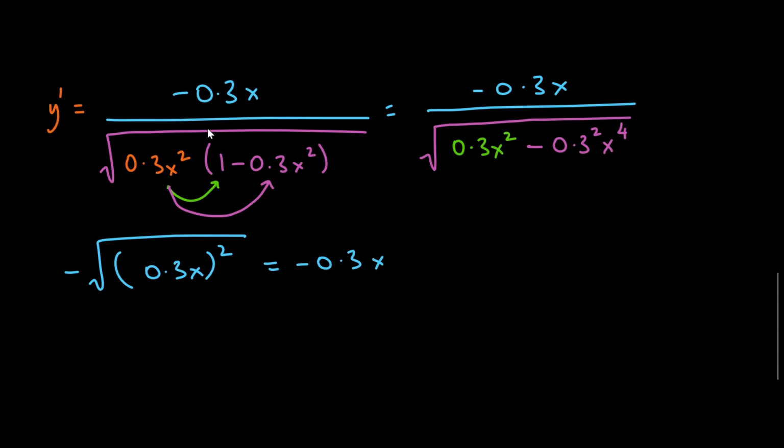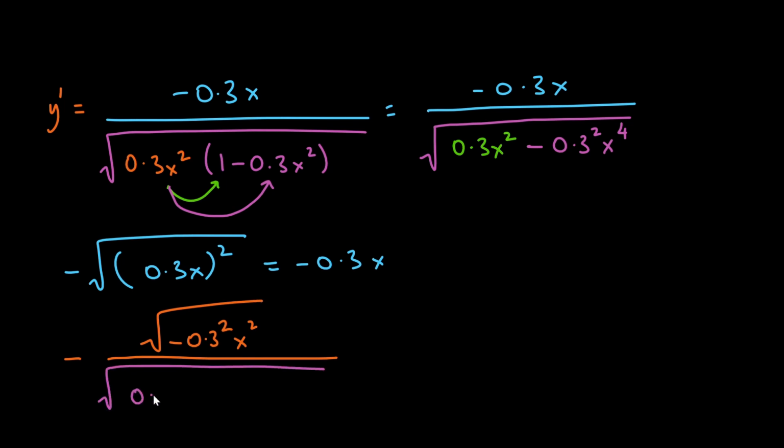I'll put the negative outside. I will write 0.3 squared x squared. That's just 0.3 x squared. I'll put the square root. And then for the denominator, I'll write the same thing, 0.3 x squared minus 0.3 squared x raised to 4.